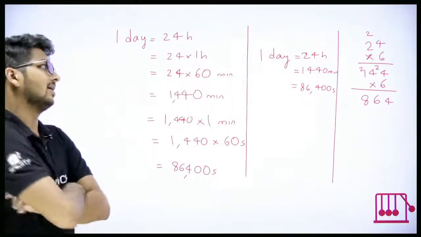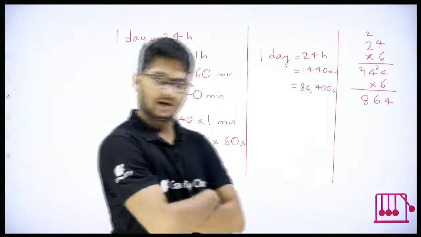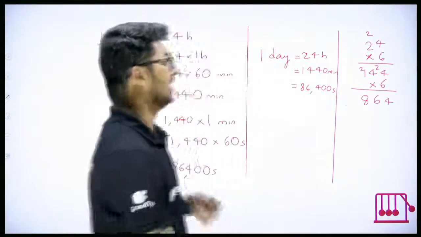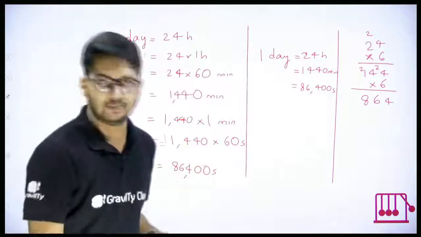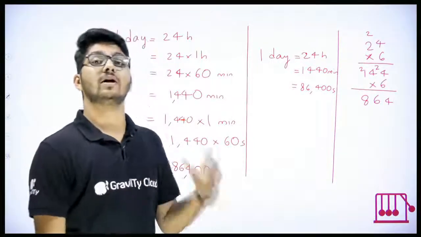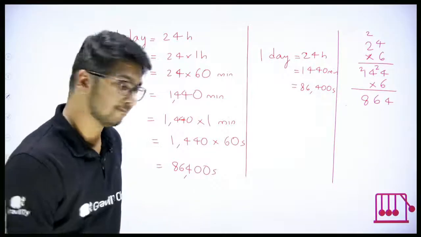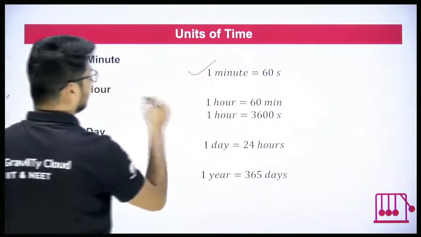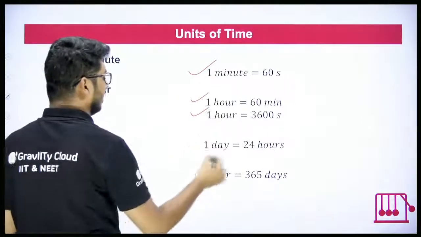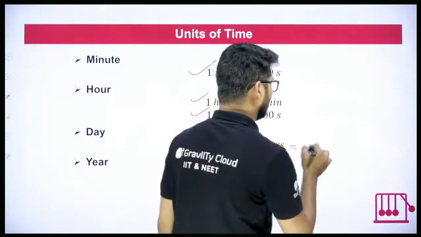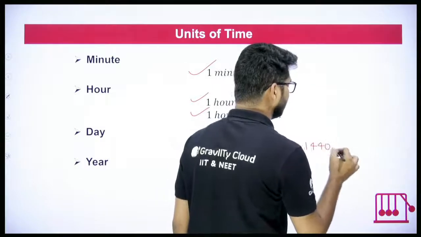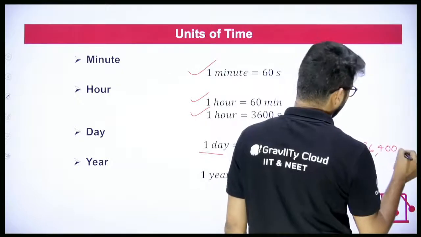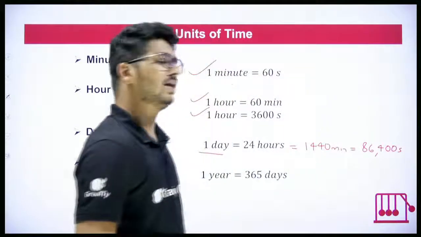Clear? Good? Okay, wonderful. So we learned about 1 second, 1 minute, 1 hour, 1 day. You can clearly see here minute, done, hour, done, 1 day, 24 hours, 1440 minutes or 86,400 seconds. Sir, should we remember it?